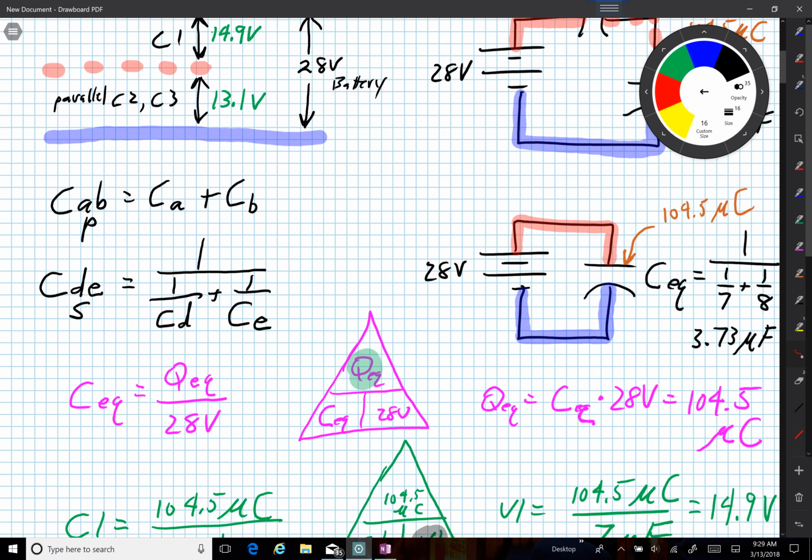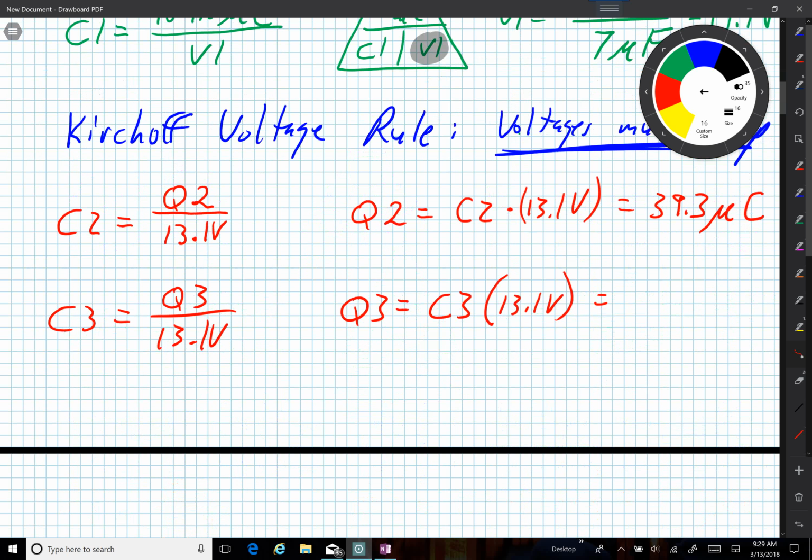So I take that information, bring it back down here. So this is going to be 13.1 times 5, so I multiply, I get 65.5 microcoulombs.